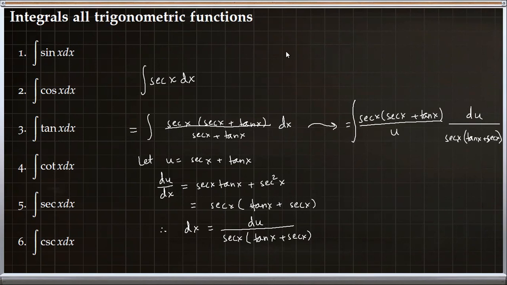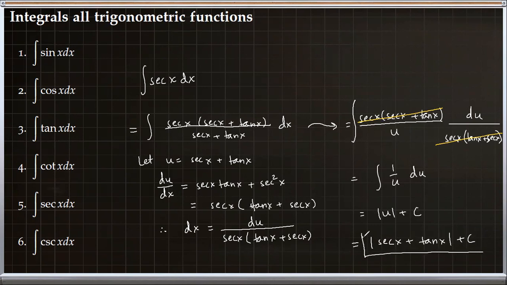Looks like this whole expression secant x times secant x plus tangent x is exactly same as what we have here. So that goes away. Then we are left with integral of 1 over u du, which is simply natural log of absolute value of u plus constant, but our u is secant x plus tangent x. So this is natural log of absolute value of secant x plus tangent x plus constant. So this is the antiderivative of secant of x.